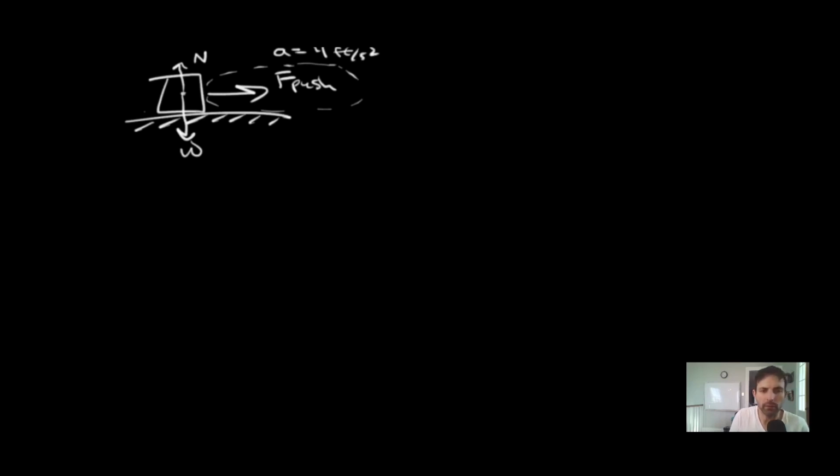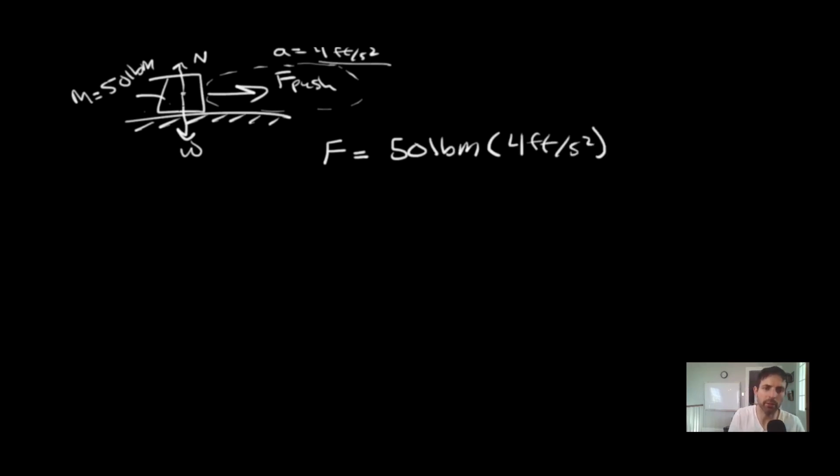So, if that's the case, let's say we're accelerating at 4 feet per second squared, okay? Well, then to solve for force, we would have to know the mass. So let's say it's 50 pound mass, just like the last one. So we would have to say the 50 pound mass times, now our acceleration is 4 feet per second squared, right? We're not talking about weight here anymore.